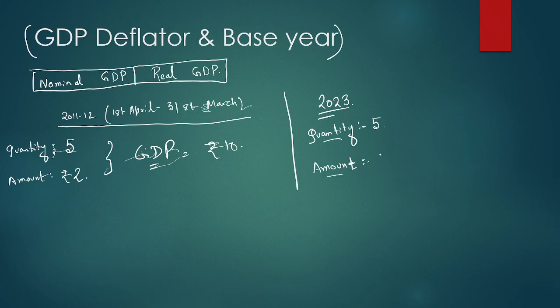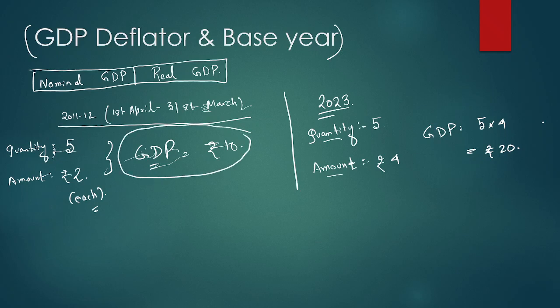So let the cost of a single biscuit be now rupees 4. What will be the GDP? Rupees 20. Oh my god. So now what happened? The quantity remained the same, but the cost increased because of inflation. So therefore we have the concept of nominal GDP and real GDP.